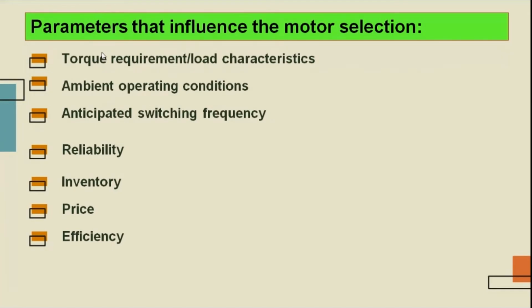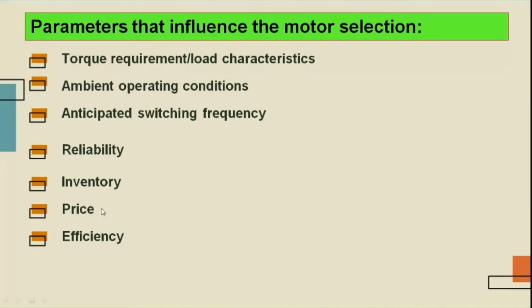So it's not advisable to go for a lower-end motor. At the same time, it's not advisable to go for a higher end either. If a 7.5 HP motor is able to meet your torque requirement and load characteristic, but you go for a 10 HP motor, then you are over-budgeting your system.